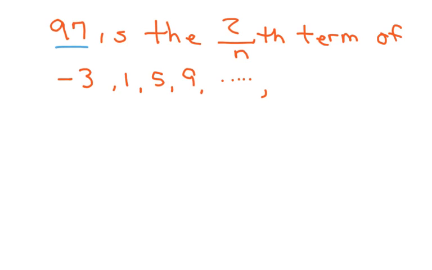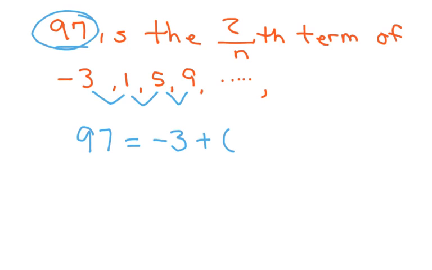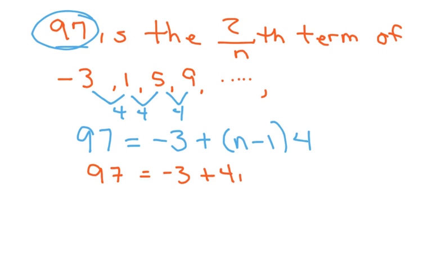What I'm going to do is, I know my common difference is 4, so I can fill in my formula. This is the last term we're looking for. So you have 97 equals -3 plus n minus 1 times my common difference, which is 4. So I'll clean this up a little bit, and I get 97 equals -3 plus 4n minus 4.